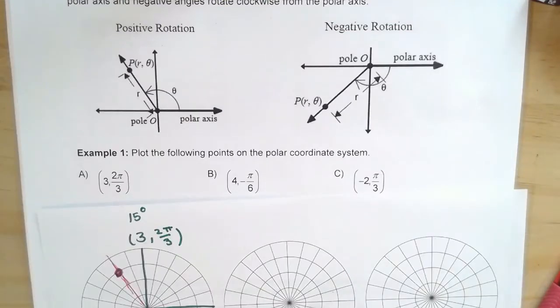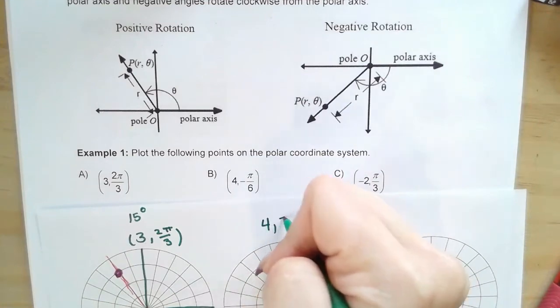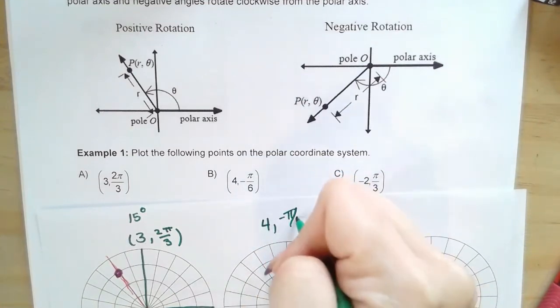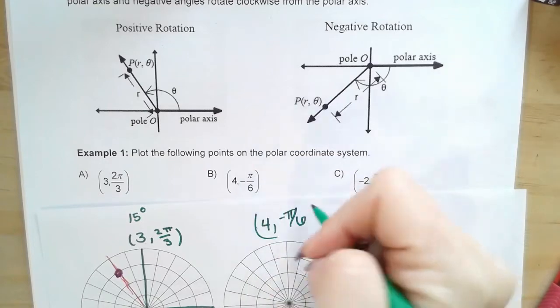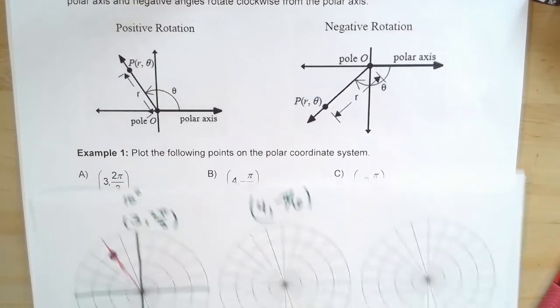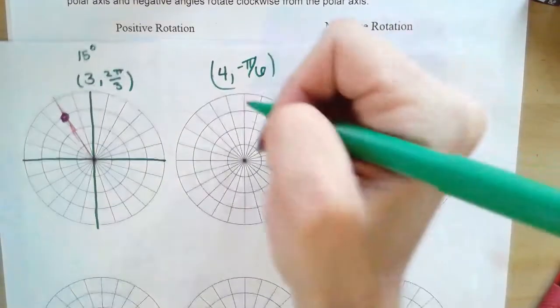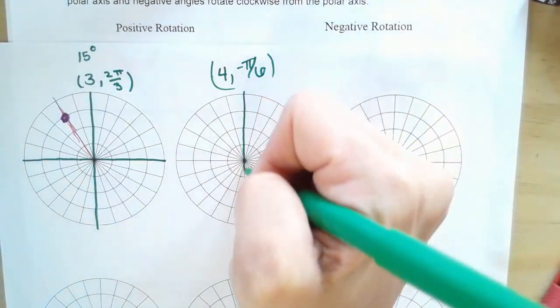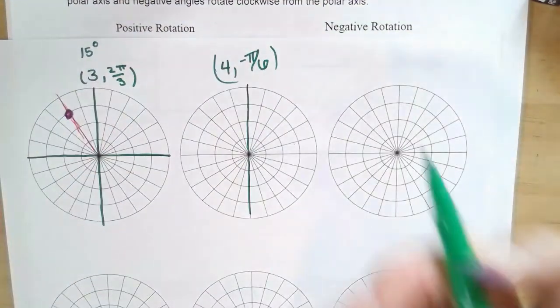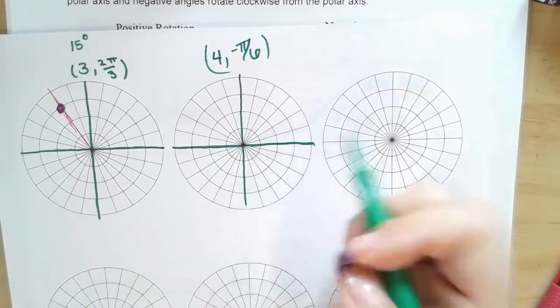Our next coordinate here is going to be 4, negative pi over 6. Again, I've been showing you guys here that we want to do the degree first, the theta, and then move out. Well, negative pi over 6, so let me label the 90, 270, and the 0, 180 right now.